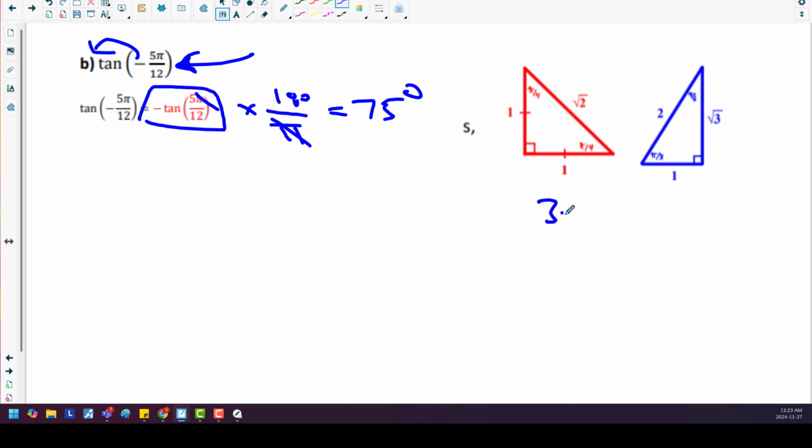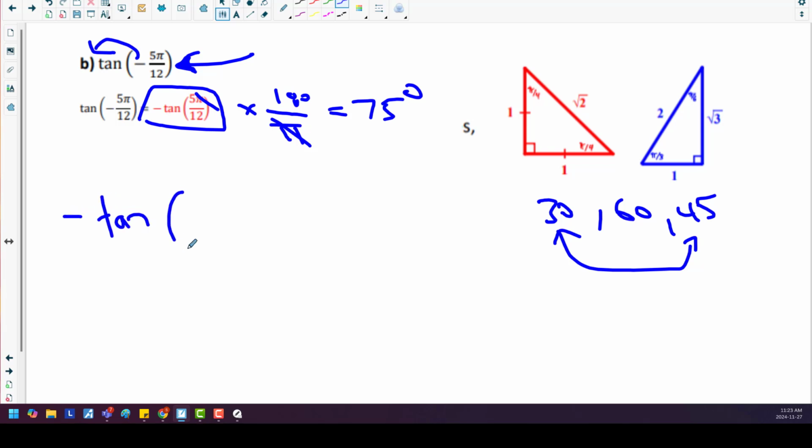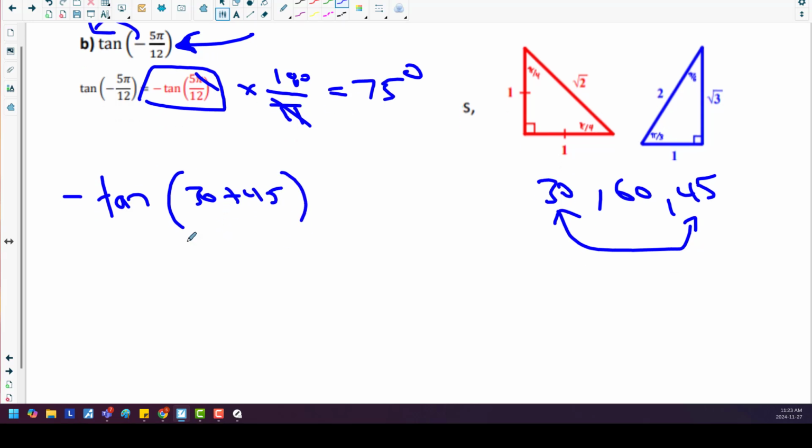And remember, looking back at our special angles, is there any way for me to make 75 degrees by adding or subtracting these values? You can add 30 and 45. So what we're going to do is rearrange this and write tan of 30 plus 45. And I would change it back to radians now, since we are dealing with radians.